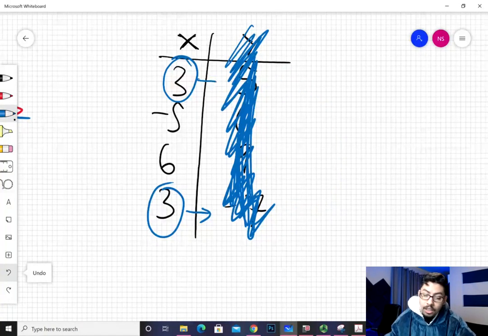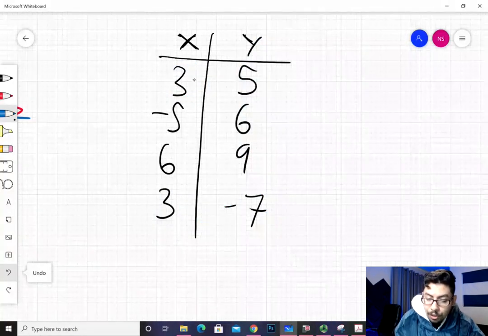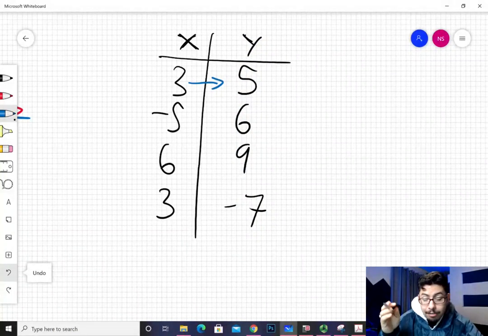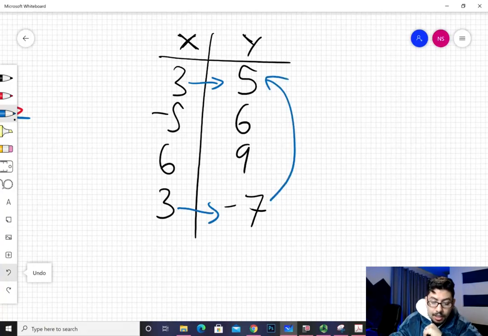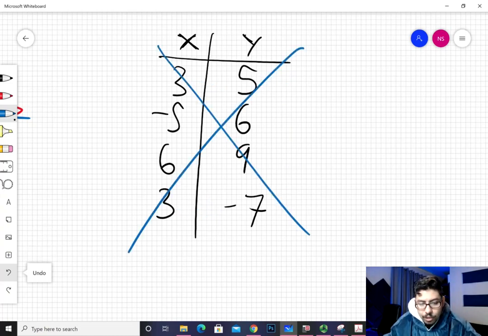So if we go to unclear our y section, boom, what we notice is this 3 has an output of 5, and this 3 has an output of -7. Two different numbers. This, my friends, is not a function. Do you see that?